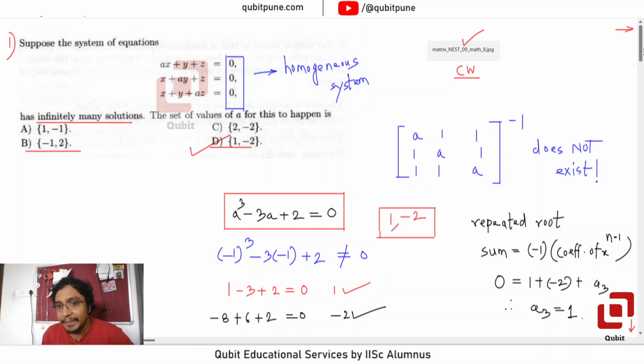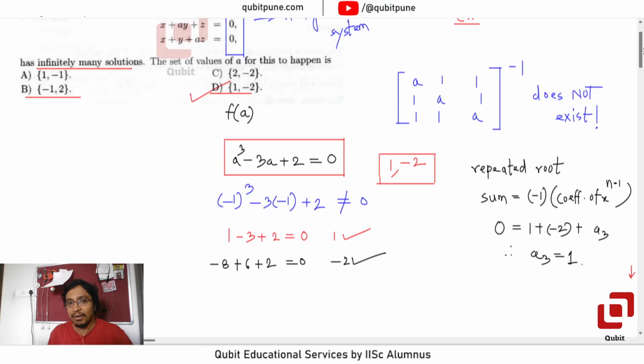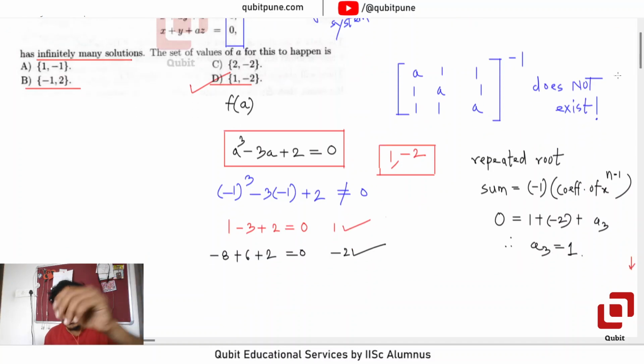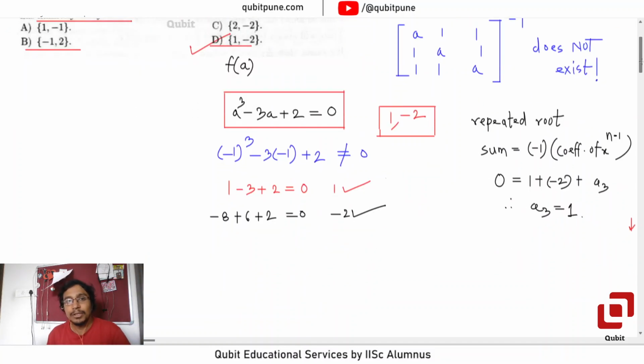Going one step ahead, if they ask you, instead of the set of values, the polynomial's graph or the roots in terms of the graph, is it possible to plot the graph of this cubic polynomial? Suppose this is our x-axis.